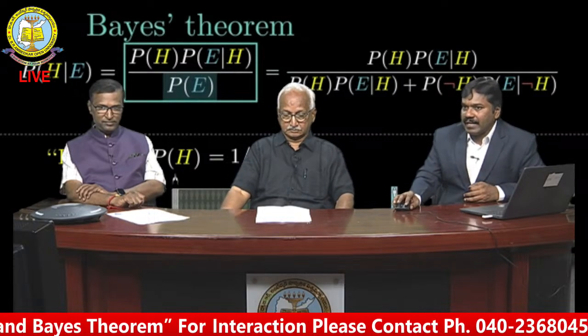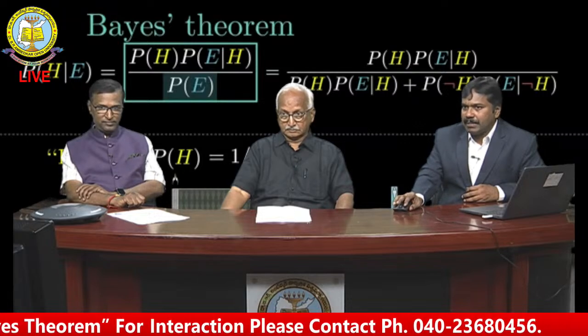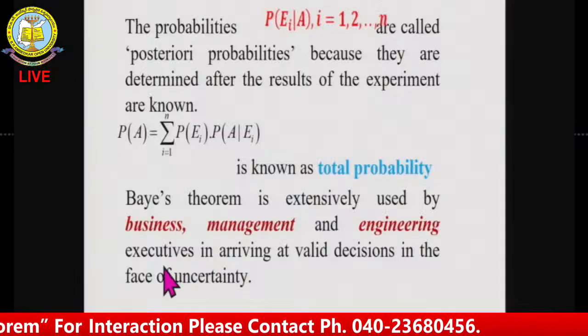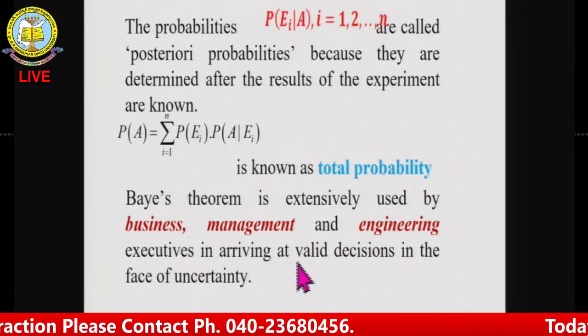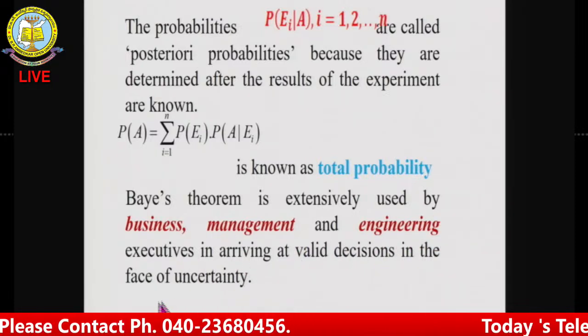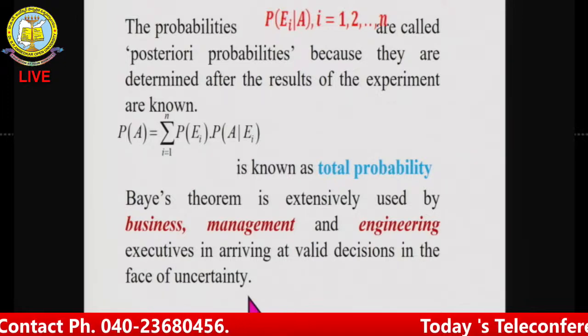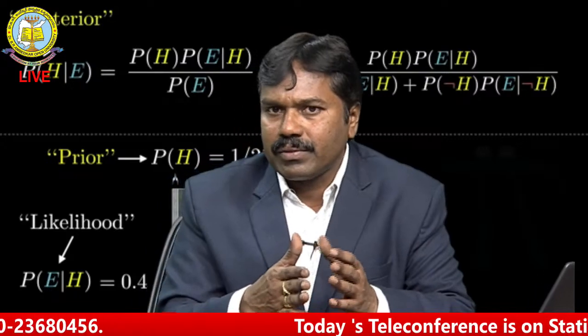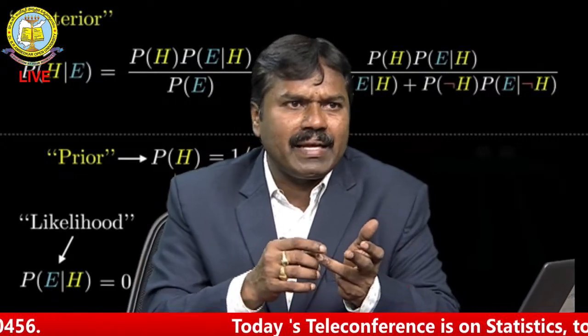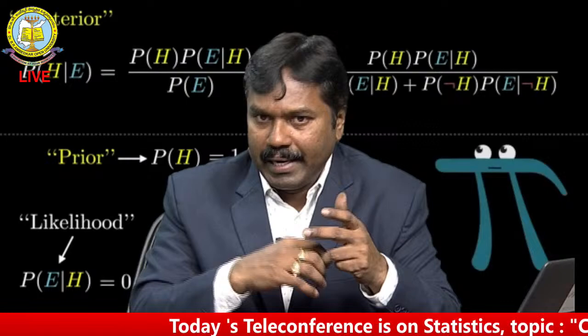The examples were already discussed by sir. Now, in general, once again I give a few statements here. Bayes theorem is extensively used in business, management and engineering in arriving at valid decisions in the face of uncertainty. If any uncertainty is there, then we can apply this. Nowadays we are getting many spam mails.